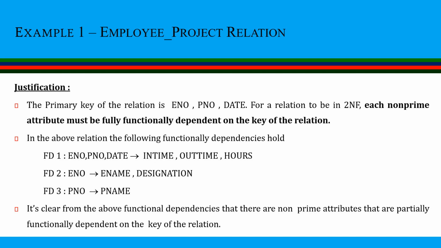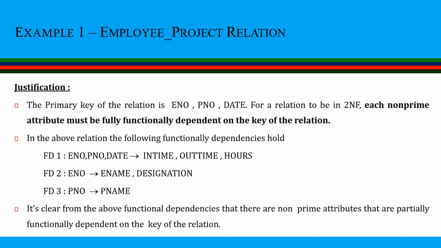So the employee project relation is not in the second normal form. Why? For a relation to be in second normal form, the condition is it should be in the first normal form. Then the second condition is every non-prime attribute must be fully functionally dependent on the key of the relation. In the above relation, the primary key is E number, P number, date.